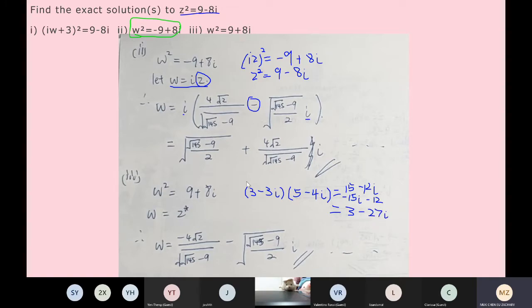Okay, so what I did was, I took this as a main equation. So my guess when I first saw this w squared equals 9 plus 8i was that this might be a conjugate of z, because you see plus and minus. So you can have multiple guesses for this kind of question, and then for me, the fastest way is to go through all your guesses as fast as possible, and then try to find out which one actually gives you the solution correctly. All right.